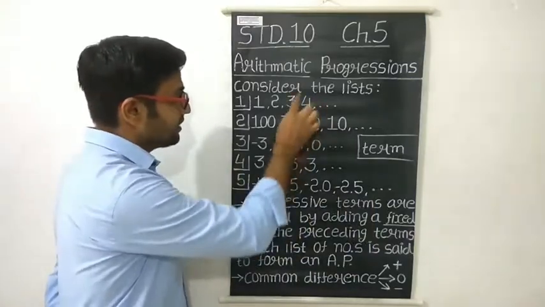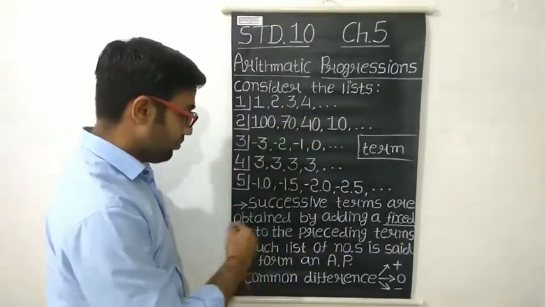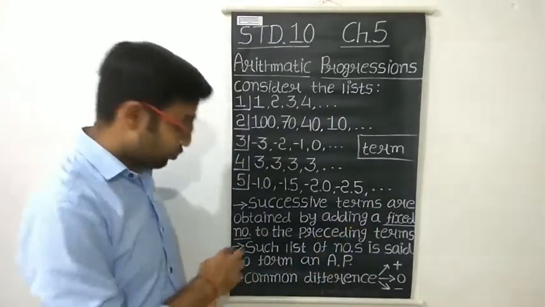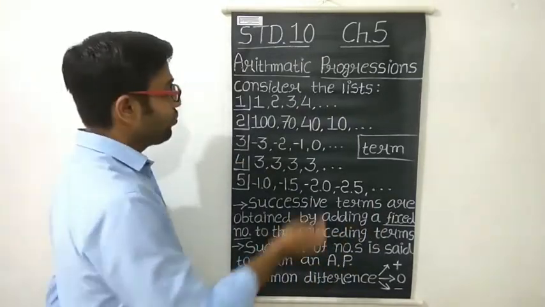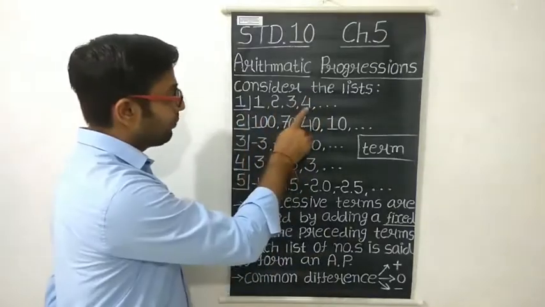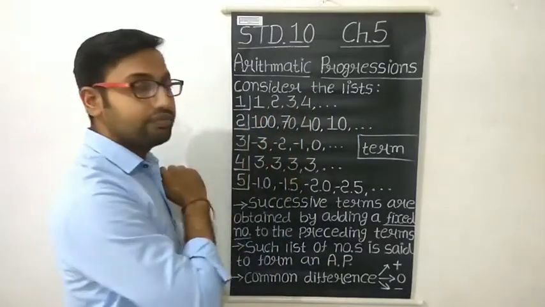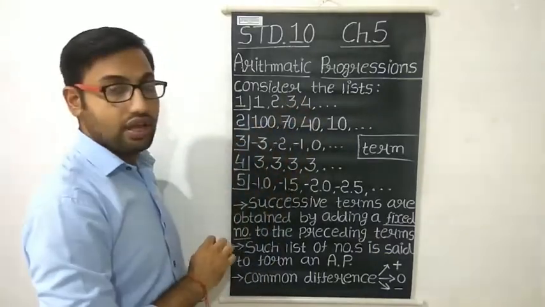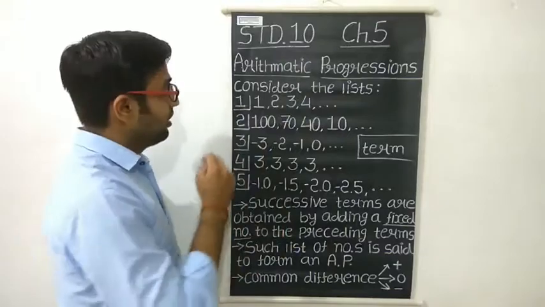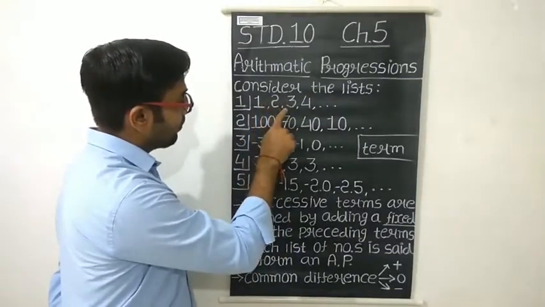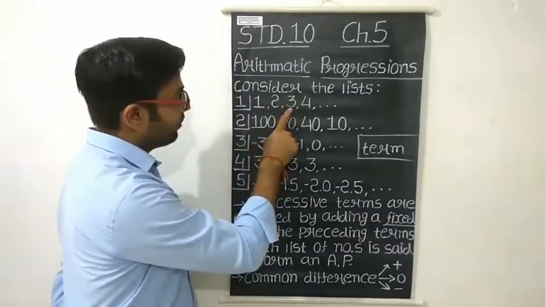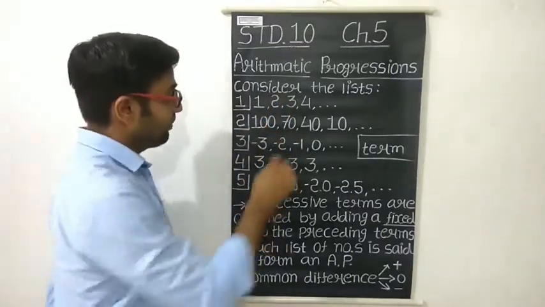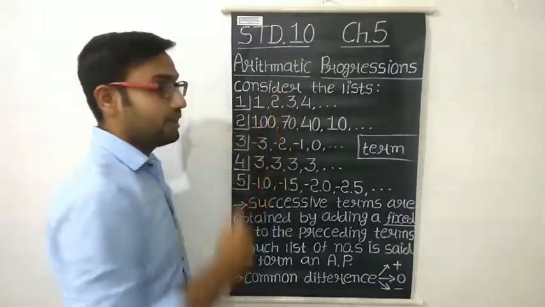To get the successive term, we have to add a fixed number to the preceding term. To get the 4, the preceding term of 4 is 3. We have to add something to this to get this, and what is that? 1. To get this term from this term, what do we have to do? We have to add something to the 2 to get the 3.